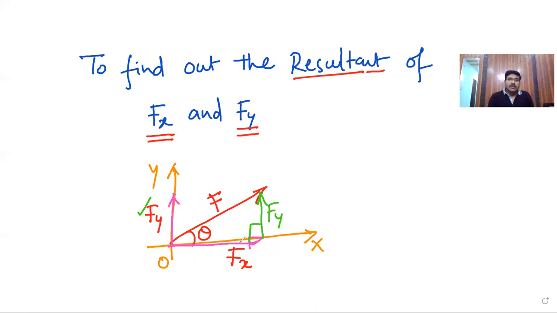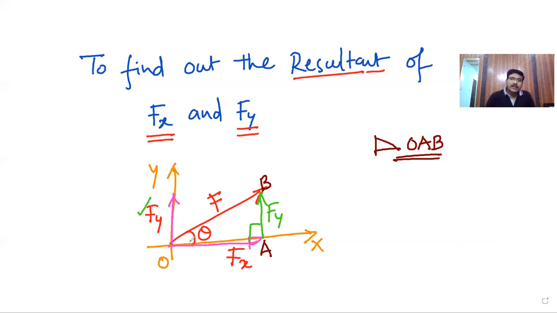Now, if I say O origin, A, B, triangle OAB is a right angle triangle.